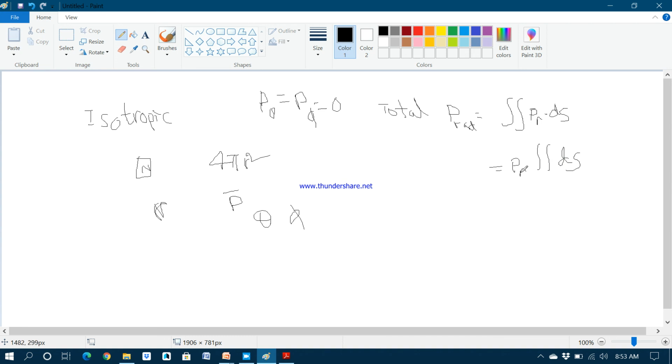Here P r is nothing but P average. This component is replaced by 4 pi r square. So finally P average is equal to P radiation by 4 pi r square. Power is in watts and the surface is in meter square, so watts per meter square.